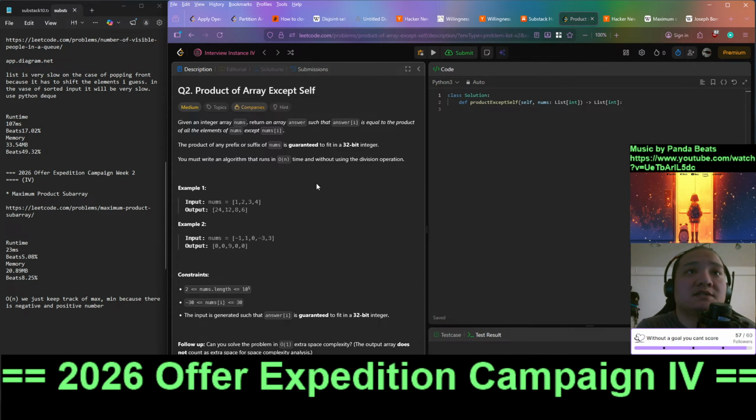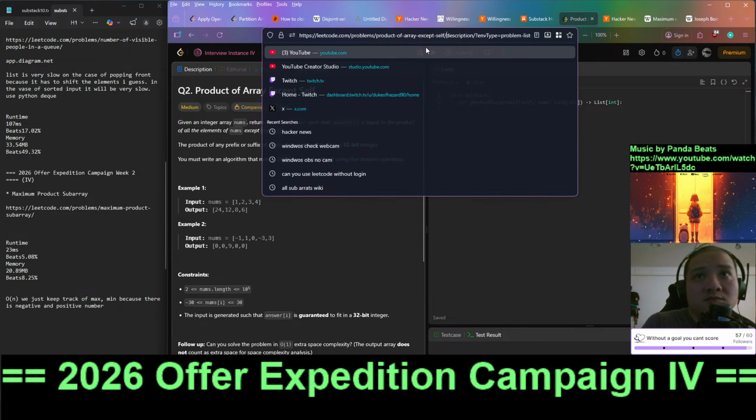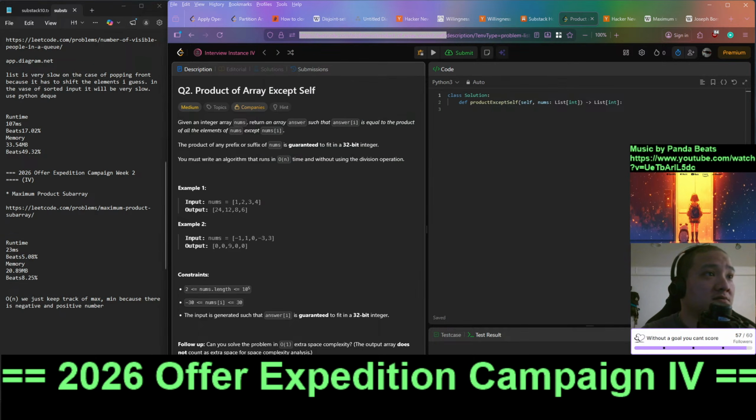Product of array except itself. Given an integer array nums, return an array answer such that answer[i] is equal to the product of all elements. Let me paste the link here to the chat.